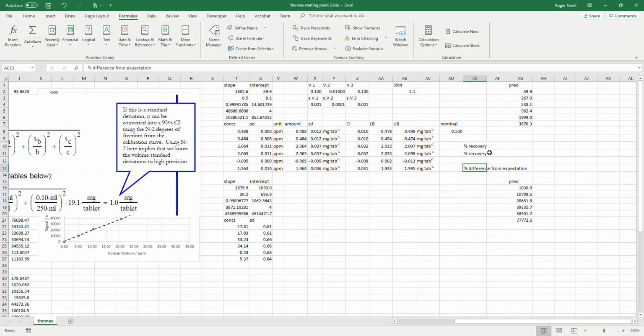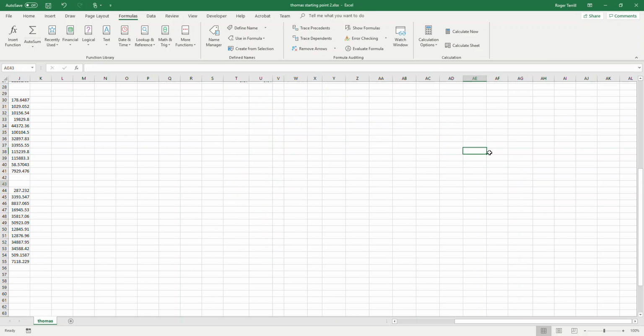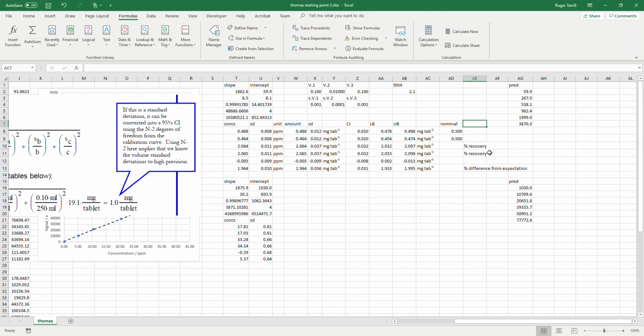So for example, we can have a significant difference here. In both of these cases, that will be yes. And then the percent recovery will be basically this minus the average of these guys, minus the spike, divided by the spike. So there's a formula for that.